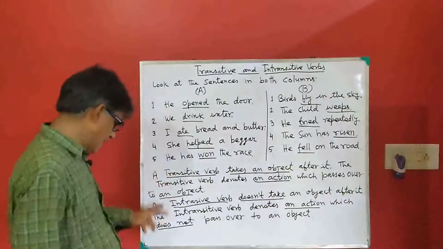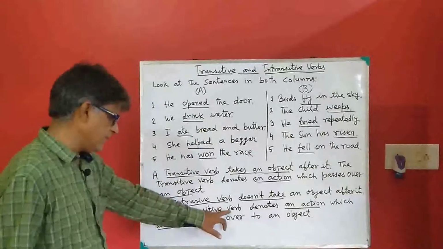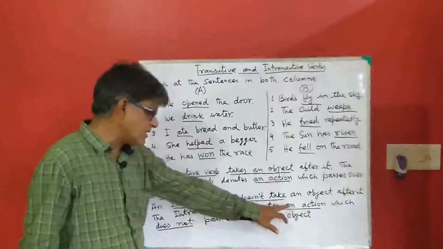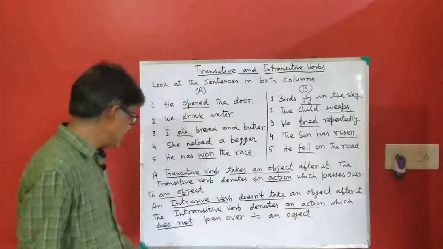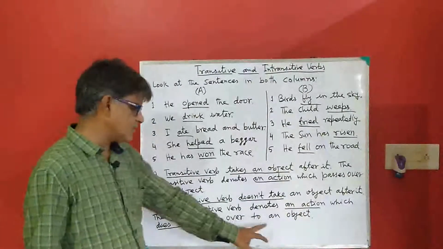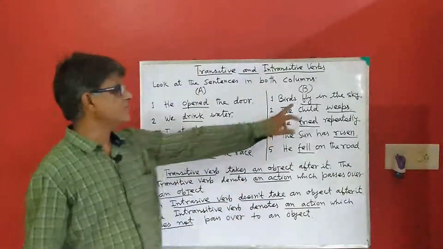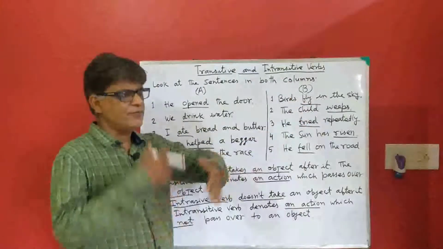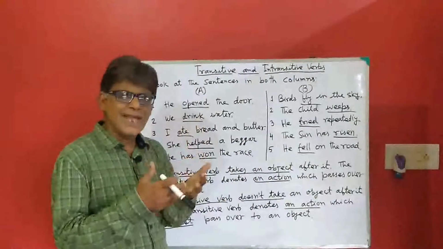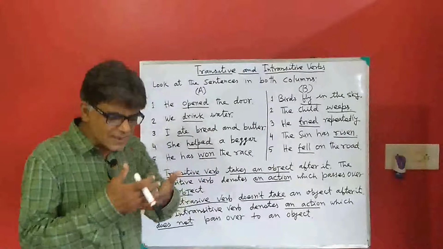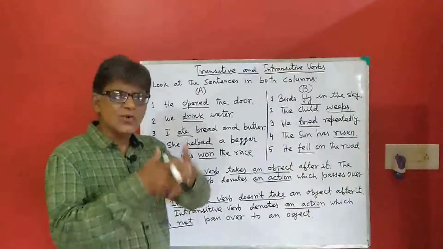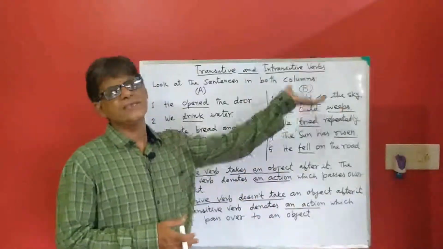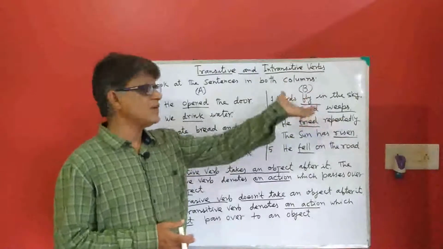It is complete. The intransitive verb denotes an action which does not pass over to an object. Birds fly, flying is an action, but there is no object to have its effect.